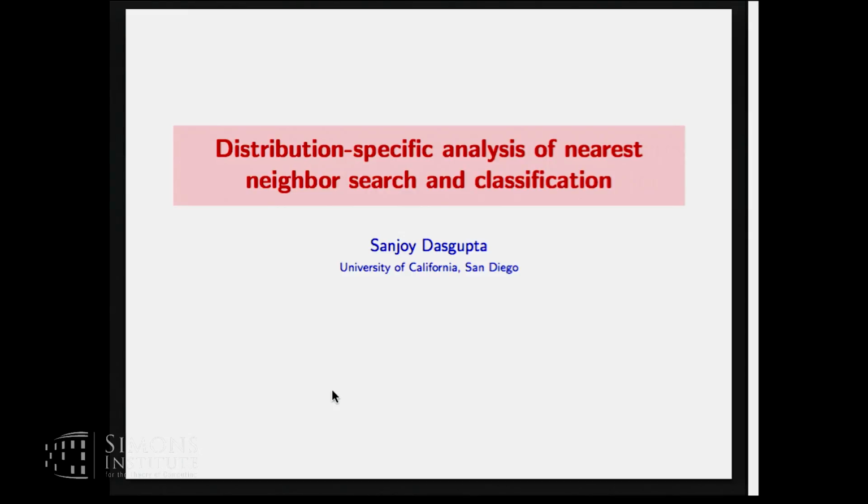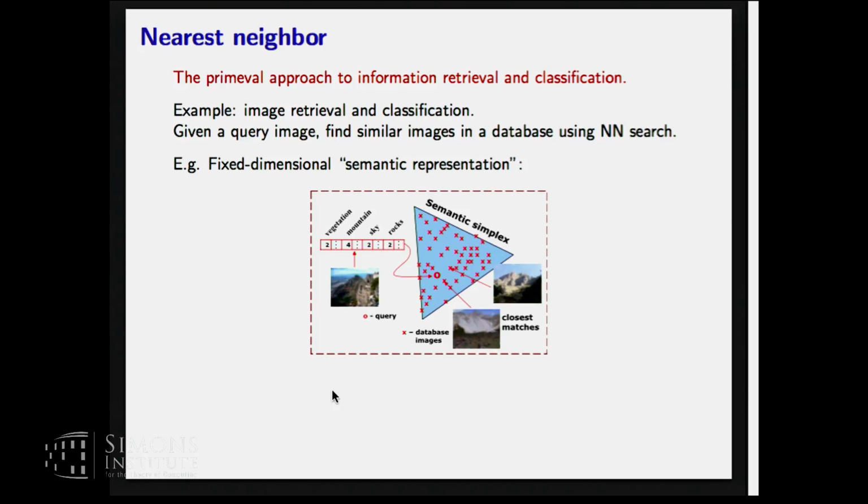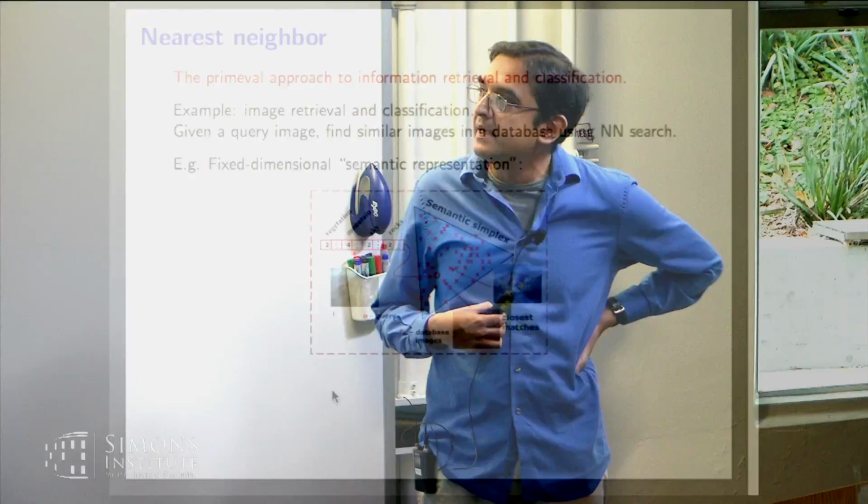Okay, so I'll be talking about nearest neighbor, which is one of the oldest and most well-weathered and most widely used forms of information retrieval and classification. And just to give you a quick example, you take a photograph of a bird you've never seen before.